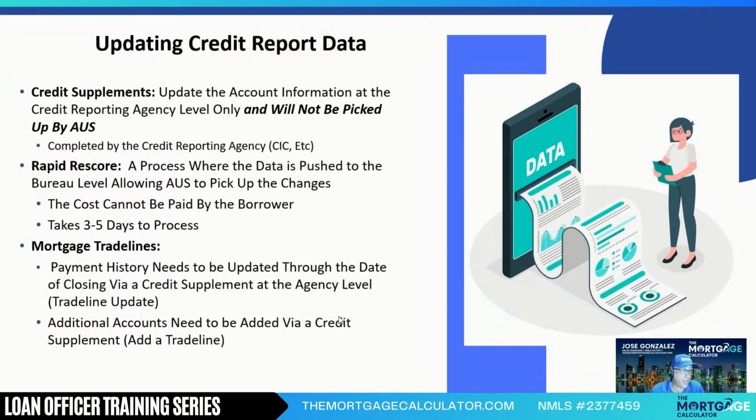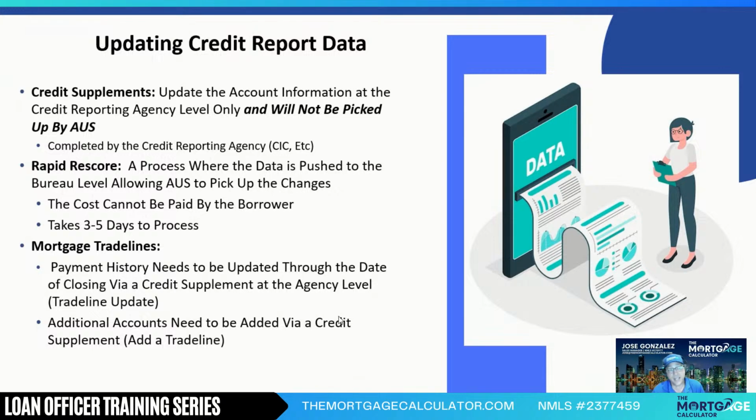Now, if you need to change to appear at the bureau level, at the Equifax, Experian, TransUnion, so that automated underwriting picks up the change, which is critical, then you need to do a rapid rescore. That's where you would do the rapid rescore, for example, to remove the dispute after the customer has the dispute removed and provides the letter from the creditor that says here from ABC creditor John Smith no longer has a dispute on that account for XYZ.